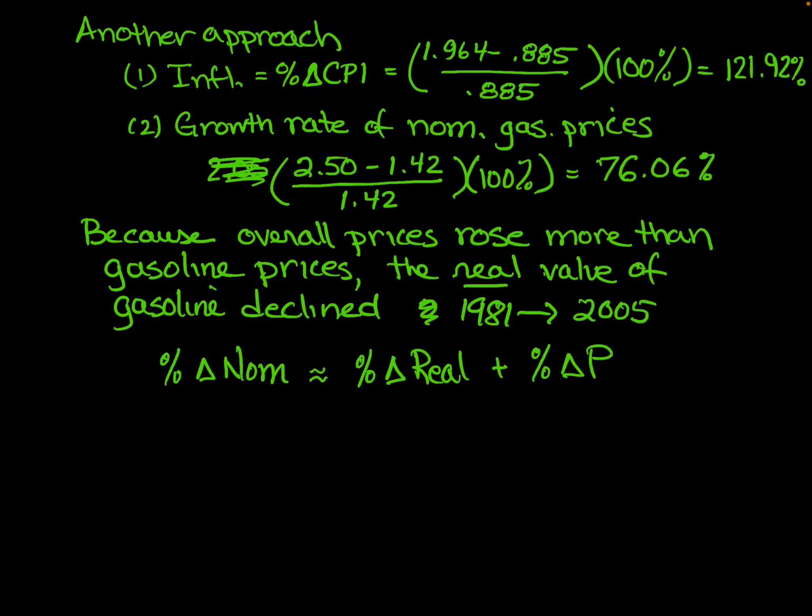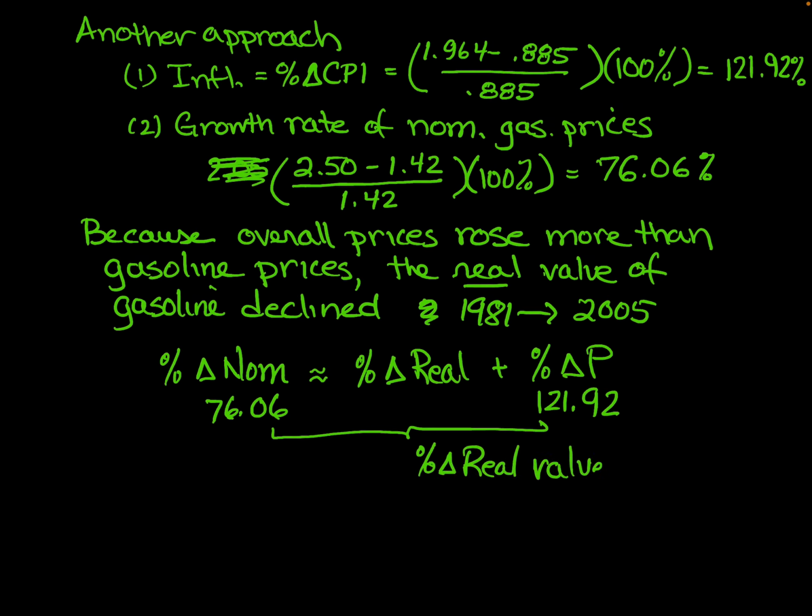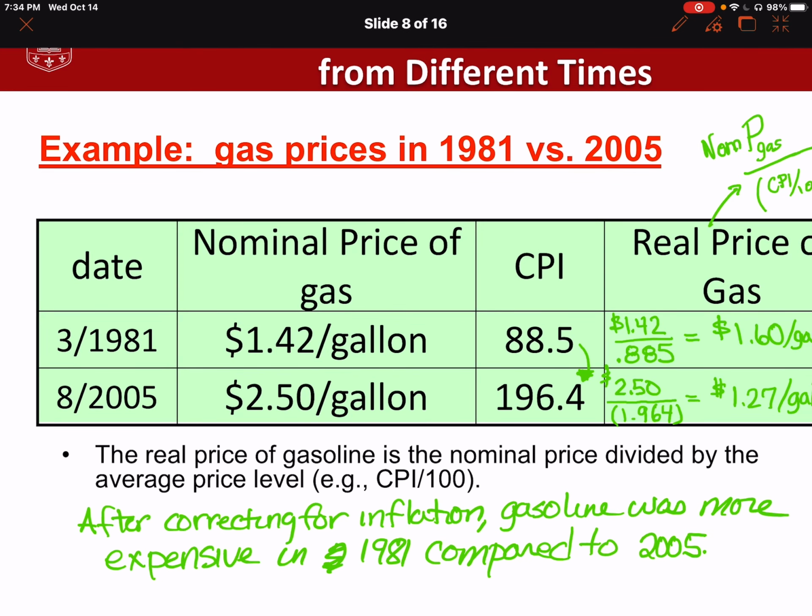And so here we have 76.06, the rate of inflation is 121.92, and so the only way this relationship works is if the percent change in the real value of gas is negative, of course. And if it's negative, that means that gas prices declined. So that's one way to do this.